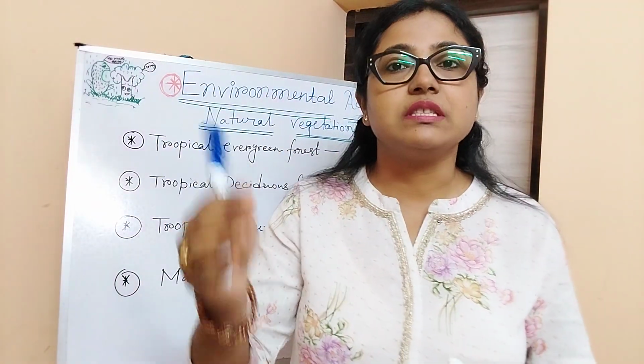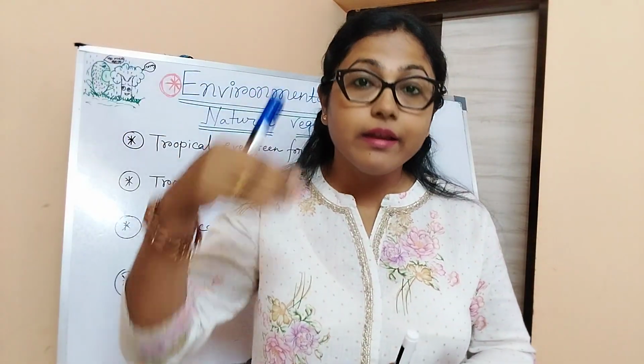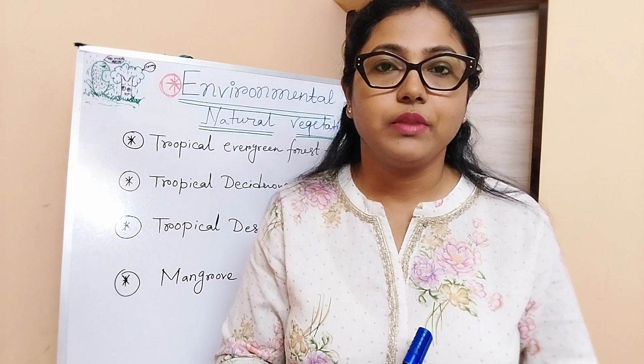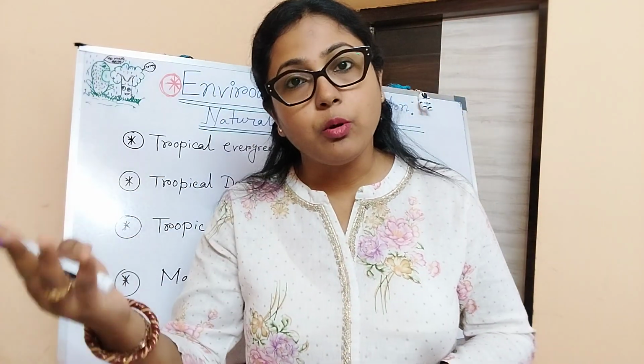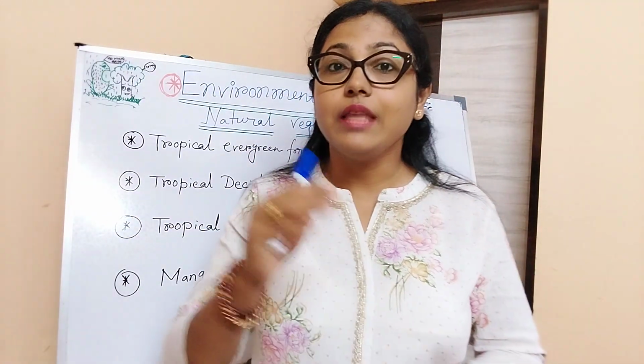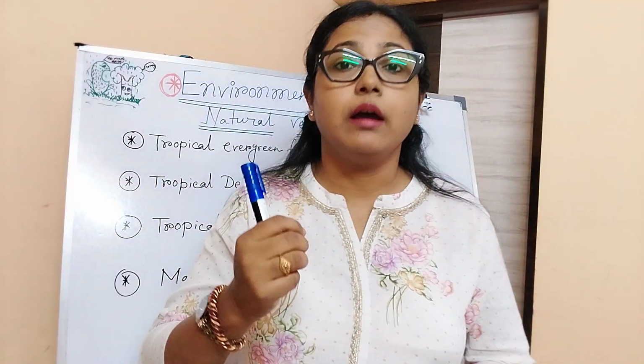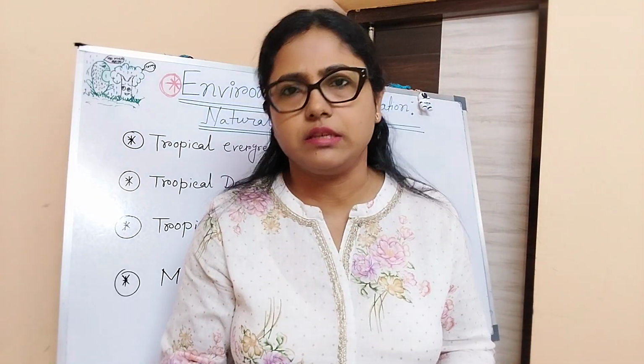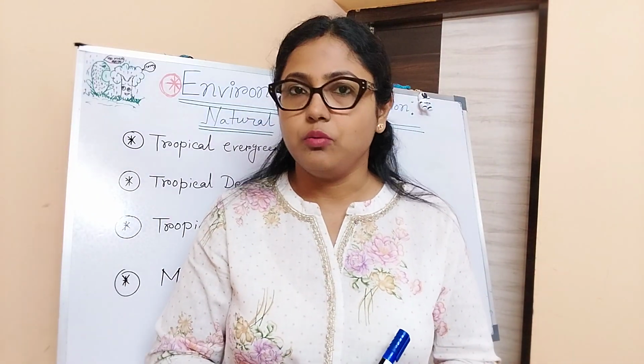Then another tree species higher than this undergrowth is found in the name of shrubs. Then the canopy cover is found. Then highly elevated trees having a height of about 60 feet are found.